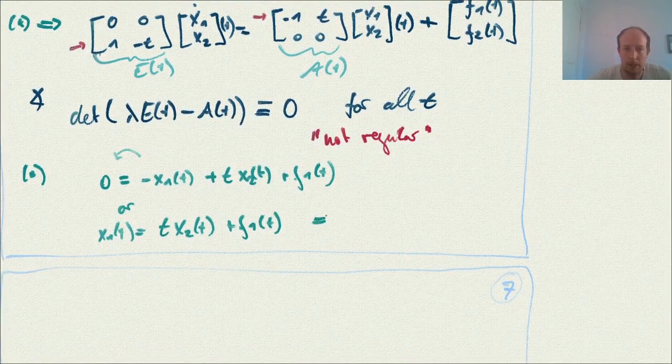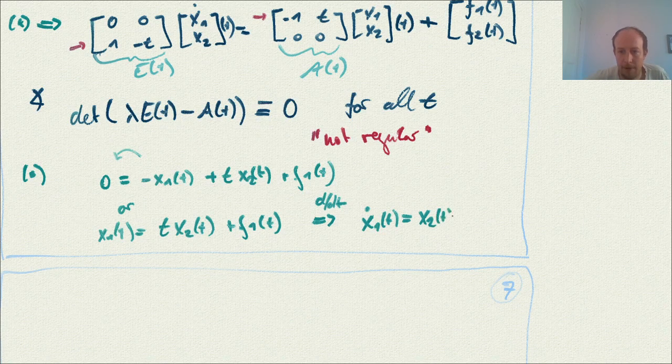And this in particular means, so we just derive once with respect to time. We get x1 dot of t as, here we need to use the product rule. This will be x2 of t plus t x2 dot of t plus f1 dot of t.